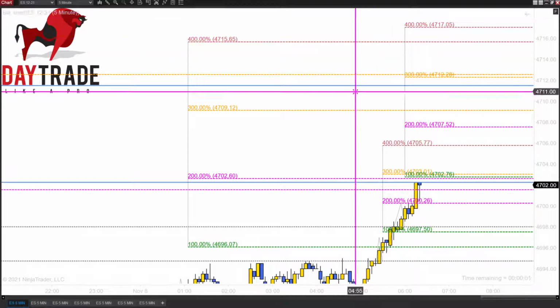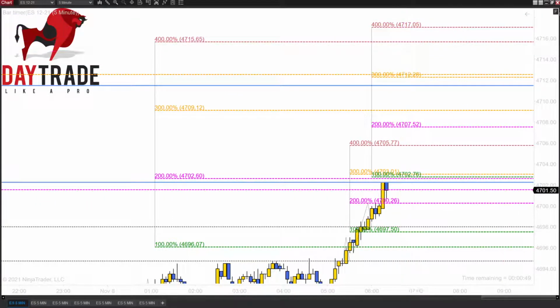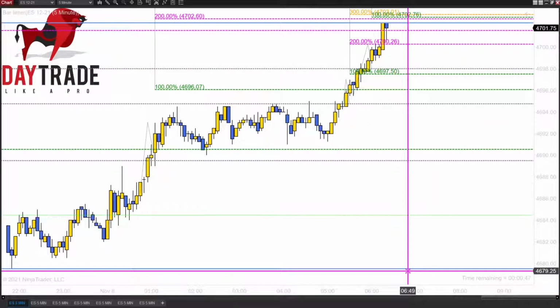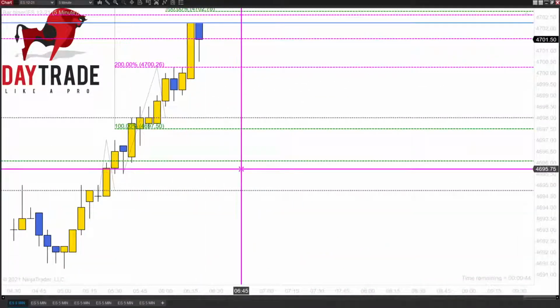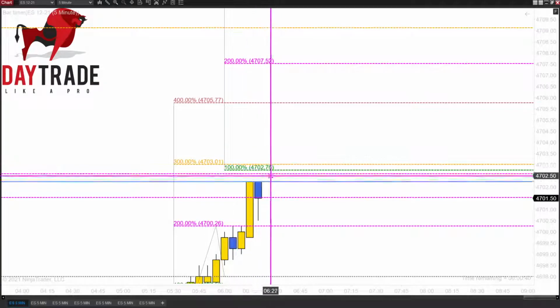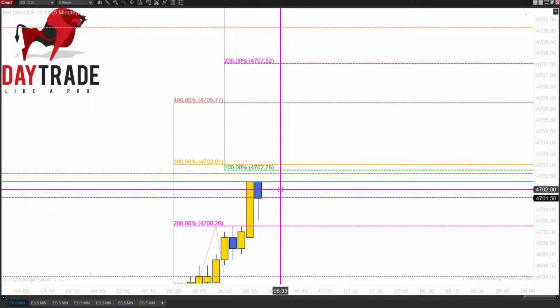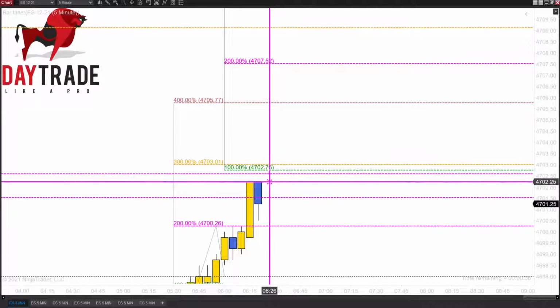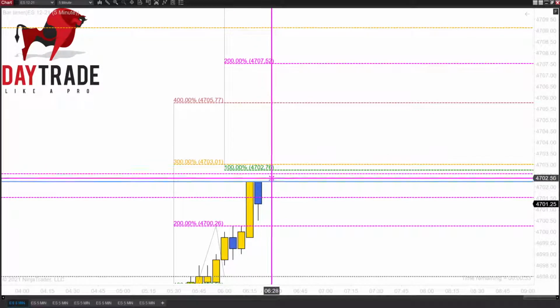So my game plan today, and I'm not always looking at both sides of the market, but I'm interested in a short around this area. I don't like that it's here right now. We've got 10 minutes till the open. I don't love that it's up here right now.